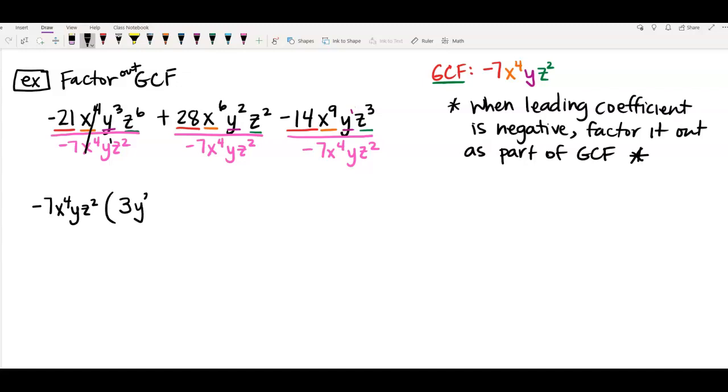So this is where we need to do the subtracting of them, right, because we can see, okay, I've got 3 of them up on top, 1 on the bottom, so I'm really left with y squared on the top. And then with my z's, I'm left with 4 on the top, because again, I'm subtracting those exponents.